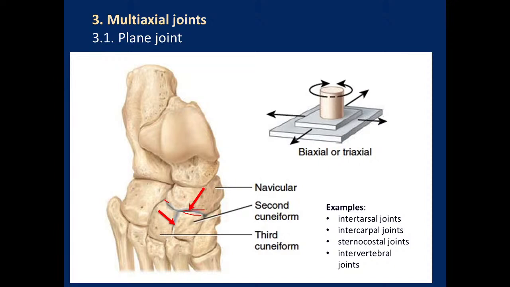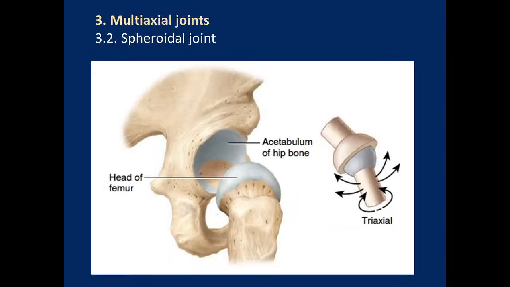And spheroidal joints, sometimes we call them ball and socket joints. They consist of the ball-like surface of one bone fitting into the cup-like depression of another bone.